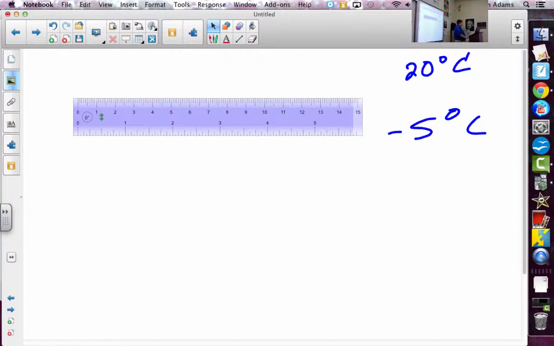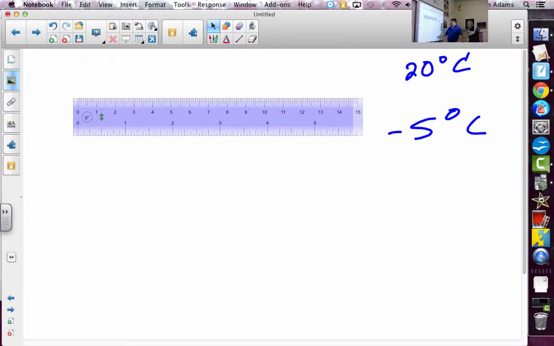This is section 10.4. If you have your book open, I want you to turn to page 379. It's thermal expansion of solids, and there is one equation that we're going to use on page 379.